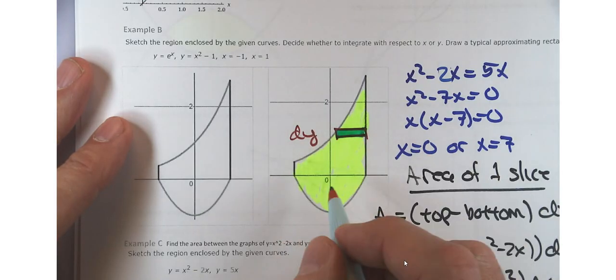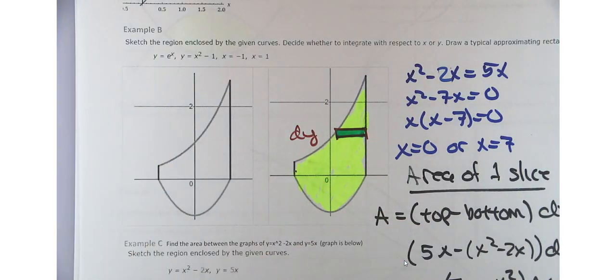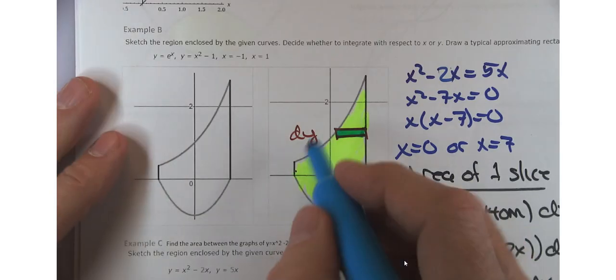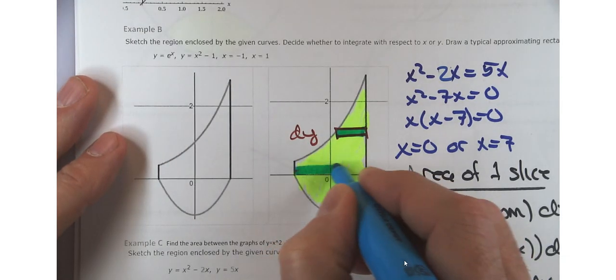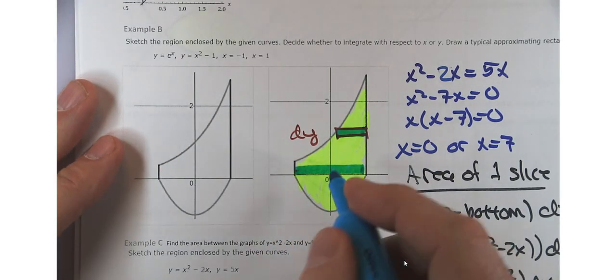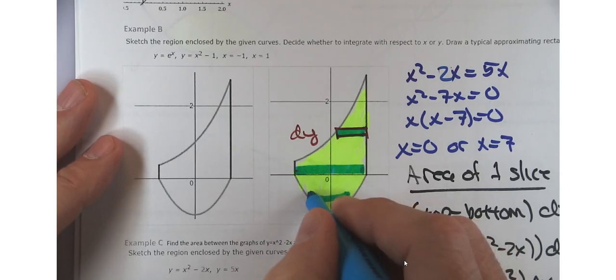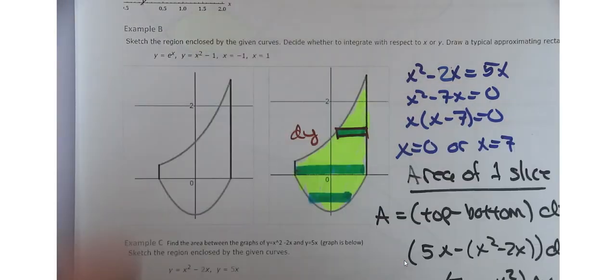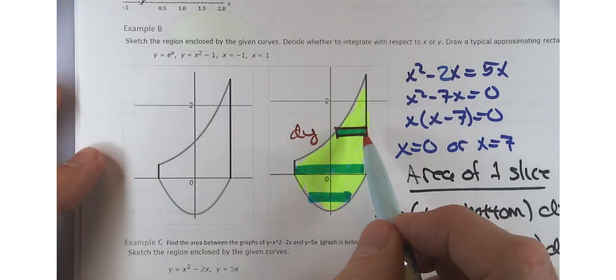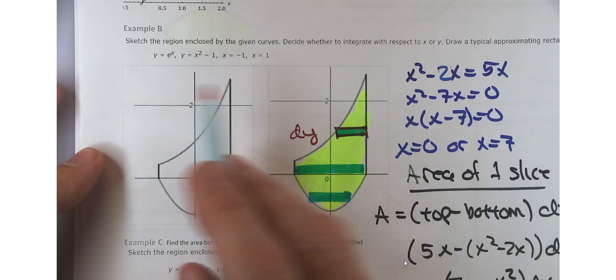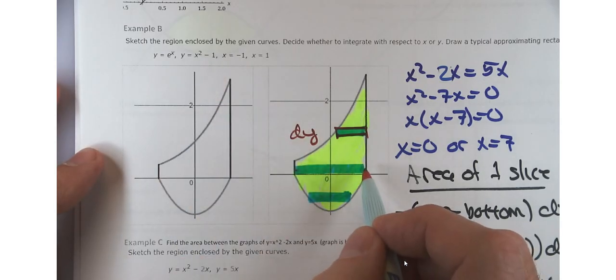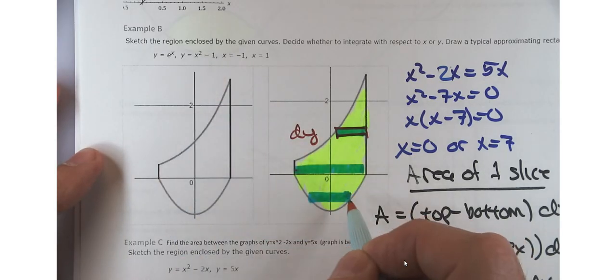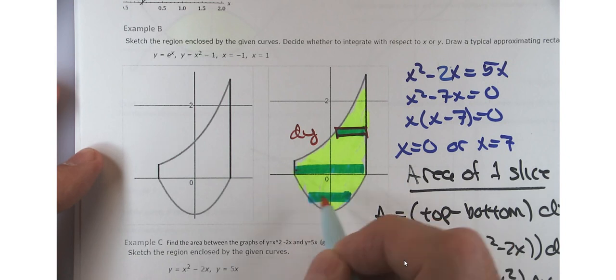But there's a problem. There's actually several problems. And that is the width of your slice kind of changes, doesn't it? It's not just always this minus this. It's not always 1 minus e to the x. Down here, it's 1 minus -1. Down here, it's, well, the function to itself.